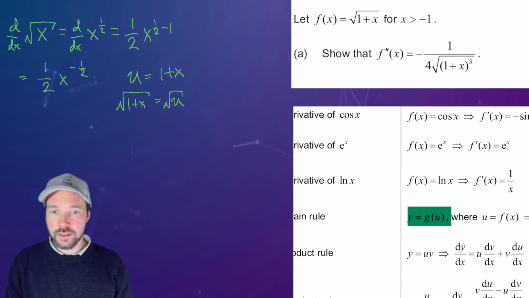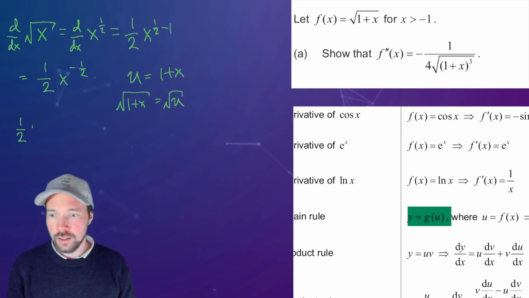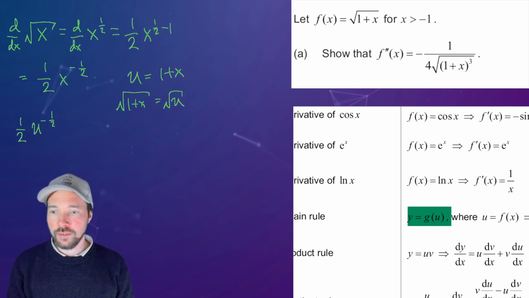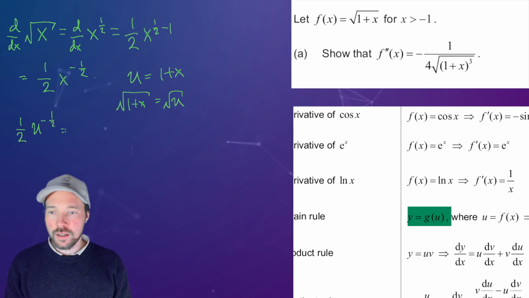So we first take the derivative of square root with u inside of it, so we just did it, so that would be half, and then u to the power minus half, and then we remember that u was actually 1 plus x, and so this has to be multiplied by the derivative of u, like this.